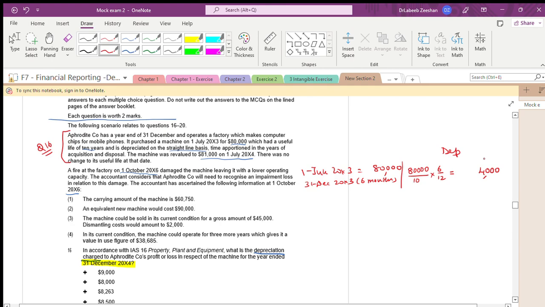Next year is a full year, is it right? Next year, how much?